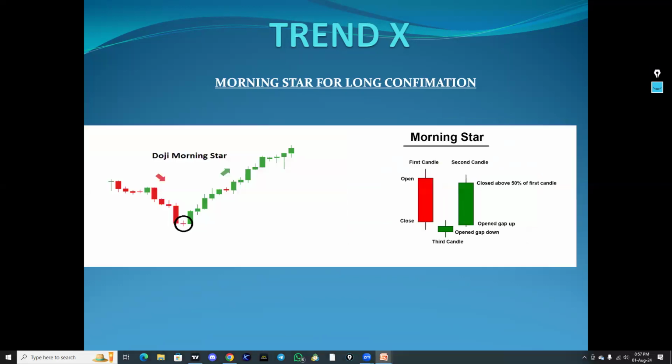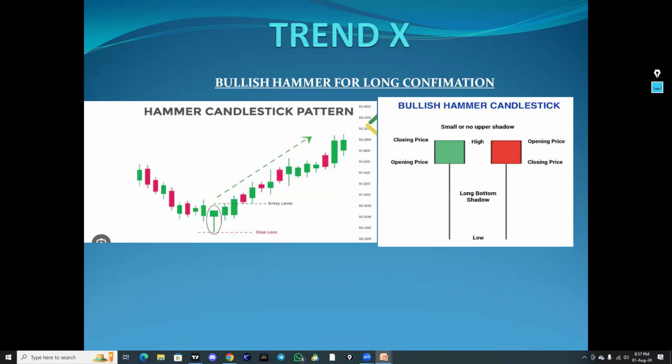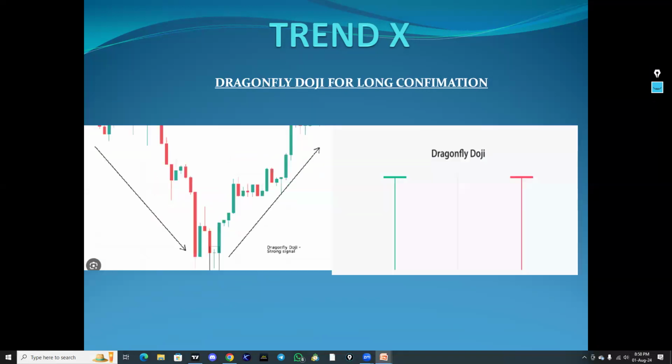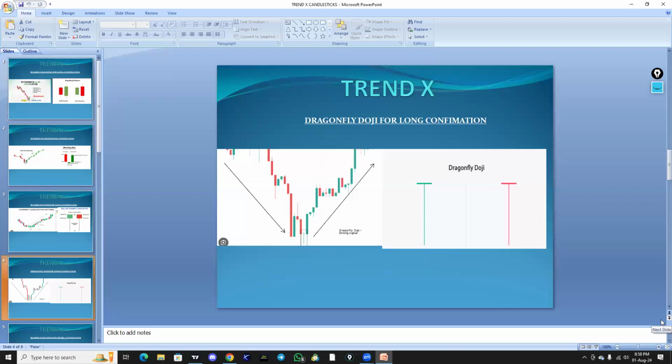The second one is morning star. The third one is bullish hammer. The last one is dragonfly doji. These four candles are really amazing.